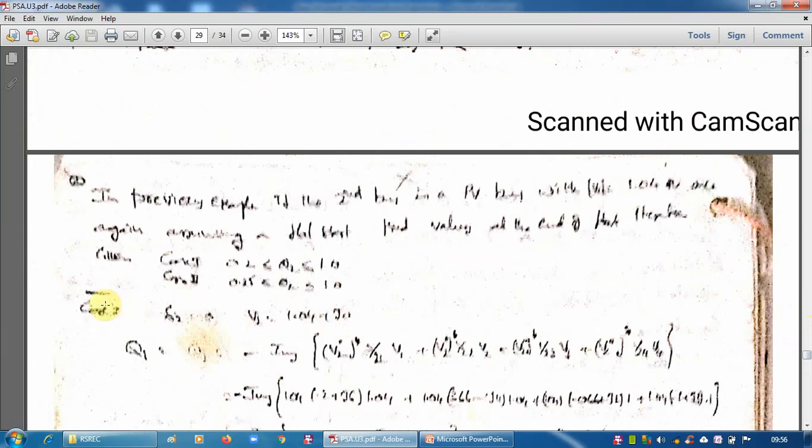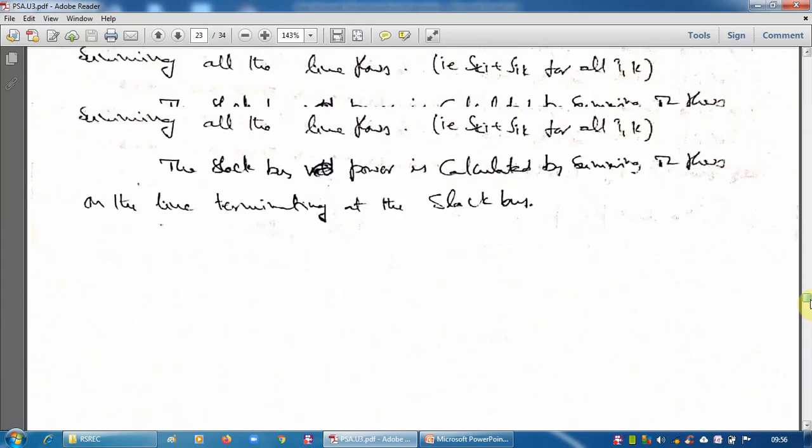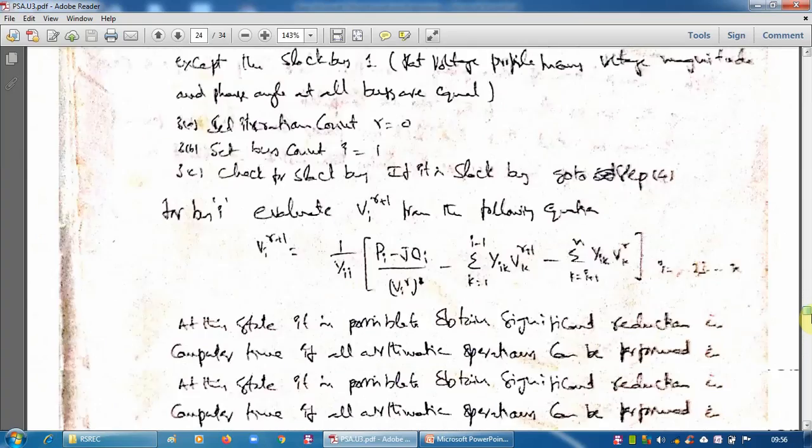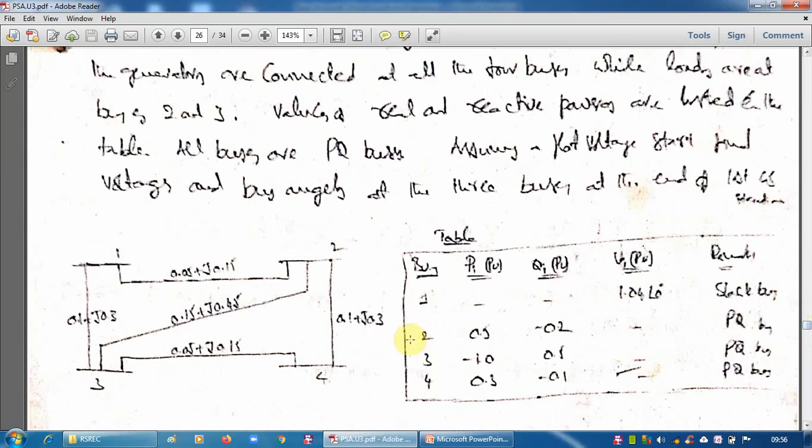Here angle is 0, that is assumed. Next, third bus as usual is load bus only. So P3 is this, Q3 is this, and V3 is the assumed value 1 plus j0. Fourth bus also PQ bus only, no change. So P4 is this, Q4 is this, and voltage is again 1 plus j0.